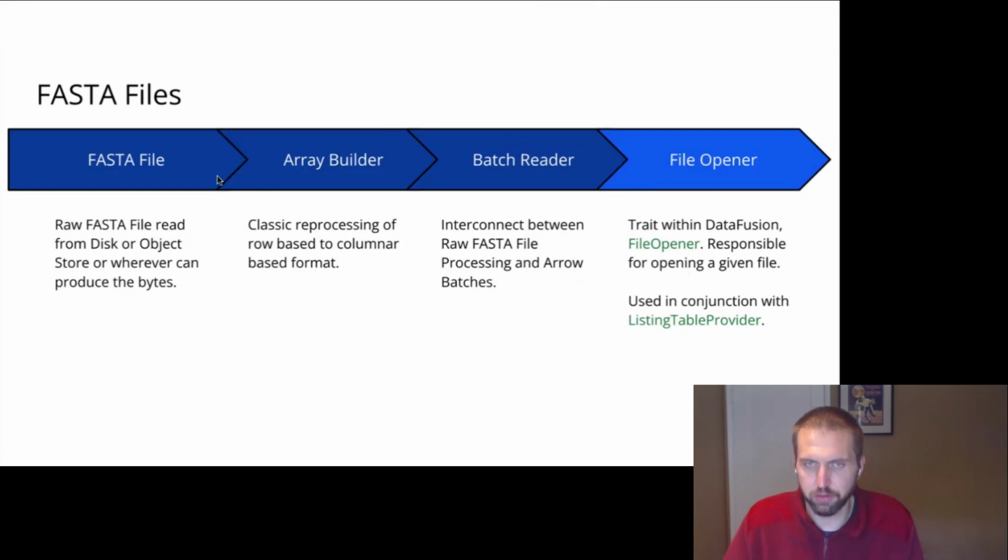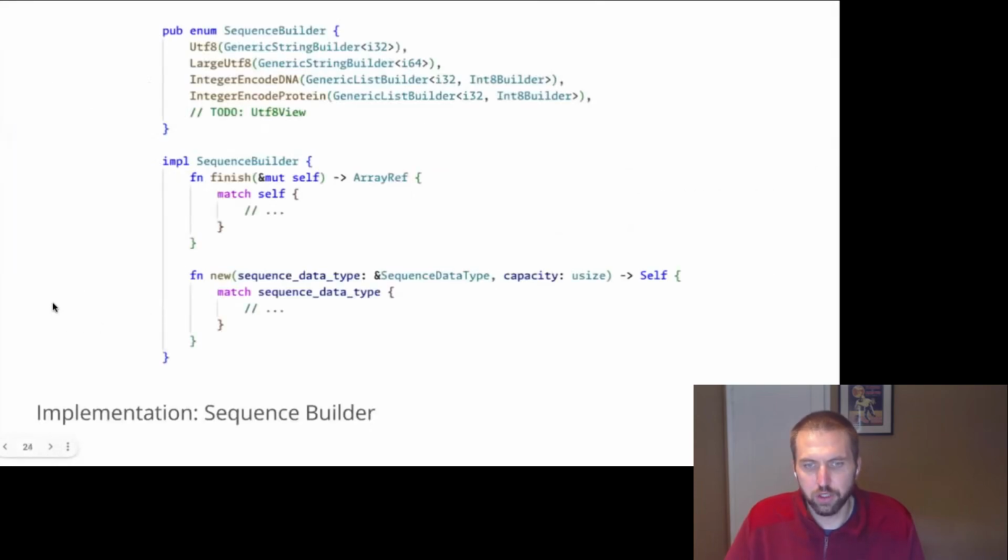I think this is very similar to some of the stuff that Andrew Lamb talked about in his first talk of this series. So it starts building up and trying to handle the different types of sequences you might deal with. What we're looking at here is the lowest level, how we parse a sequence.